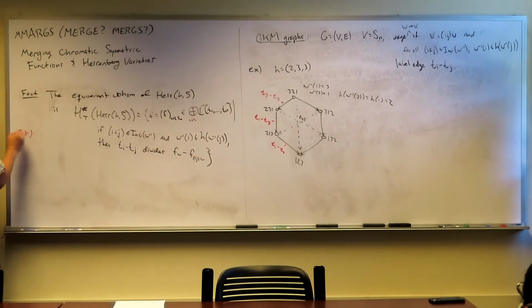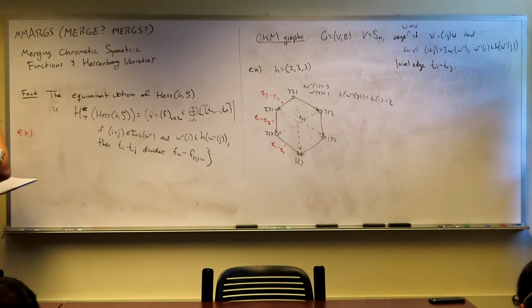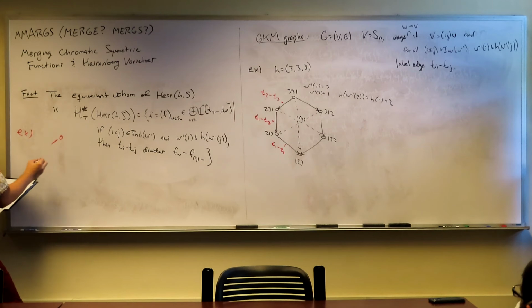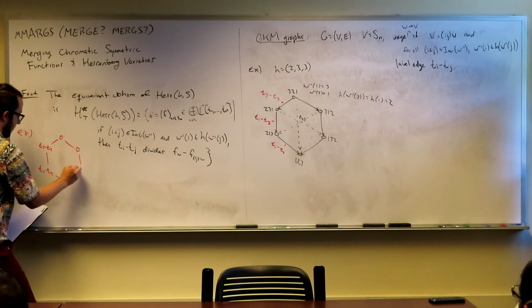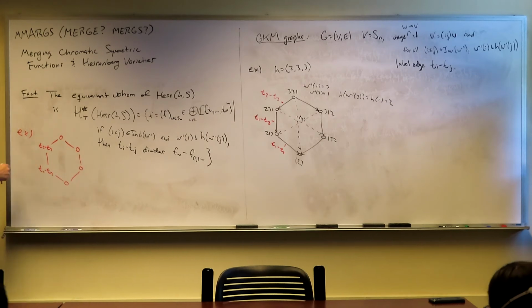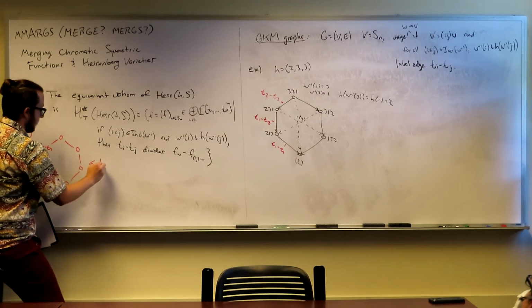So as a little example, something like the function 0, t3 minus t2, t1 minus t2, 0, 0, 0. The difference of these is t3 minus t1, which t1 minus t3 divides. So this lives inside of this equivariant cohomology.